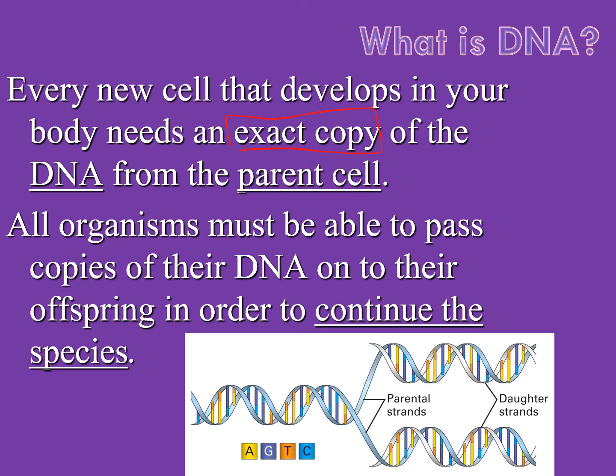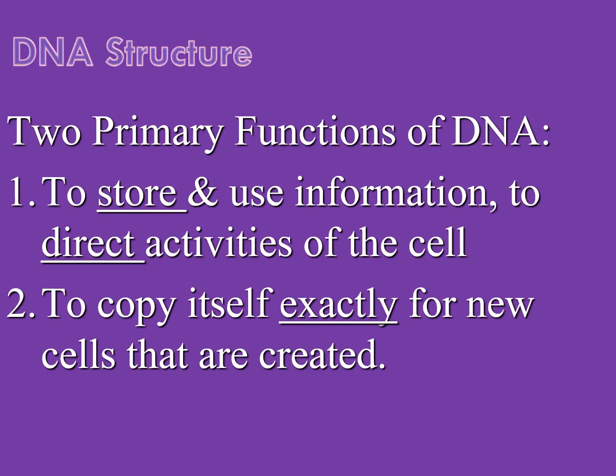All organisms must be able to pass their copies of DNA to their offspring to continue the species. And remember that would be called meiosis, right? So your body cells need the exact DNA copied through it, and all organisms must be able to copy that DNA for new species.